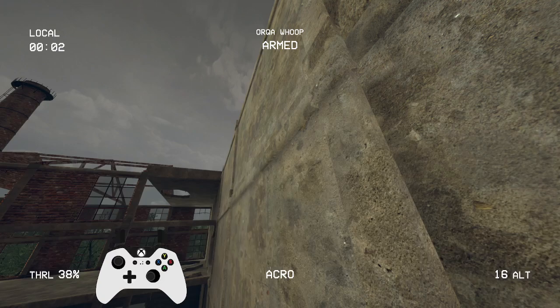Oh. Can I go down here? Ah, I always hit what I'm trying to dodge right now.